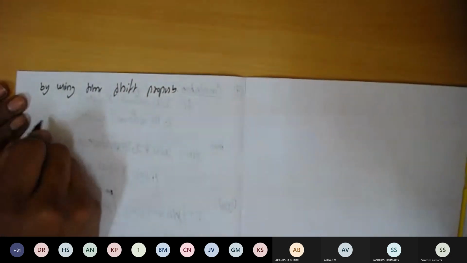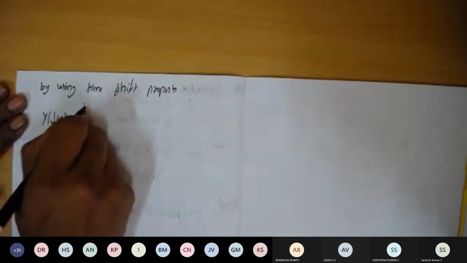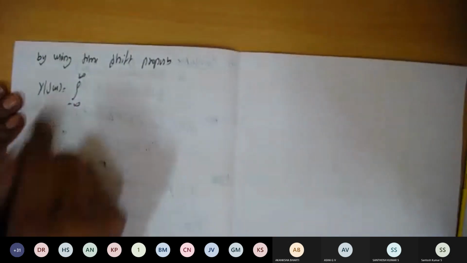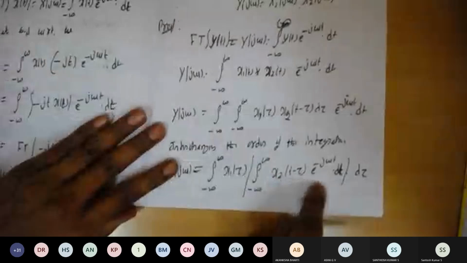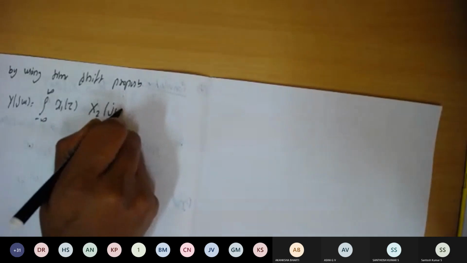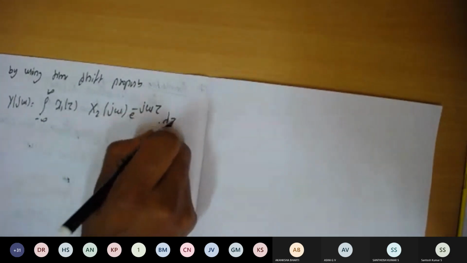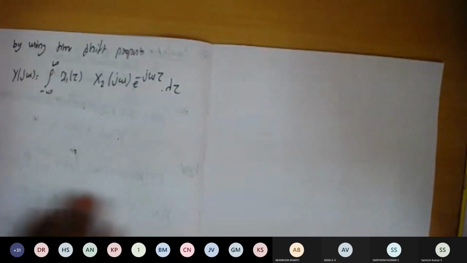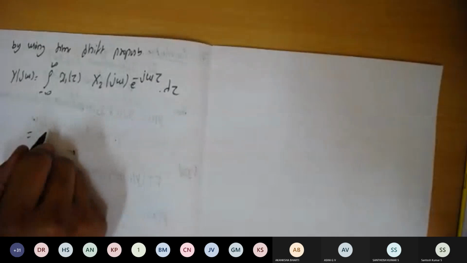So we can write y of j omega as the integral of x1 of tau, where the Fourier transform of the shifted term is x2 of j omega into e to the power of minus j omega tau, into d tau. Here x2 of j omega is not a function of tau, so I can move it outside the integral.